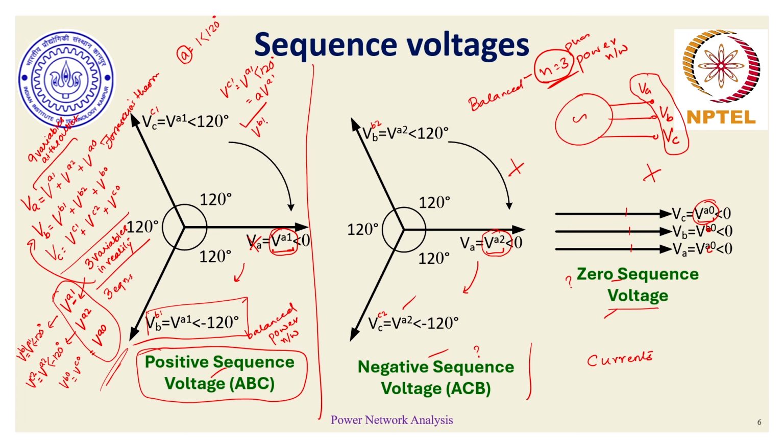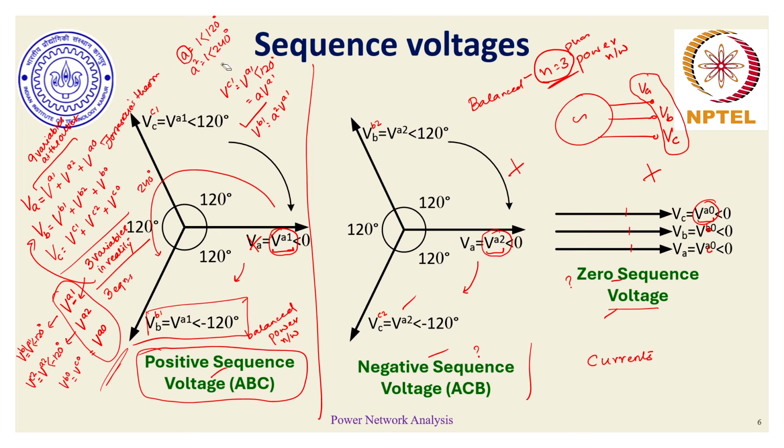Similarly, VB1 is leading VA1 by 240 degrees, where a square would be 1 at an angle 240 degrees, so VB1 would be a square times VA1. You could also say that a square is equal to a conjugate.